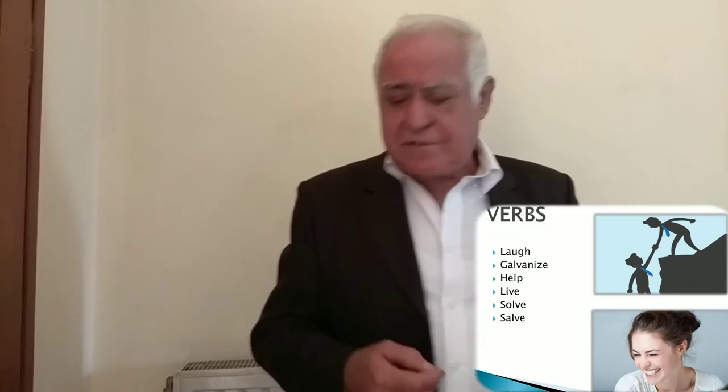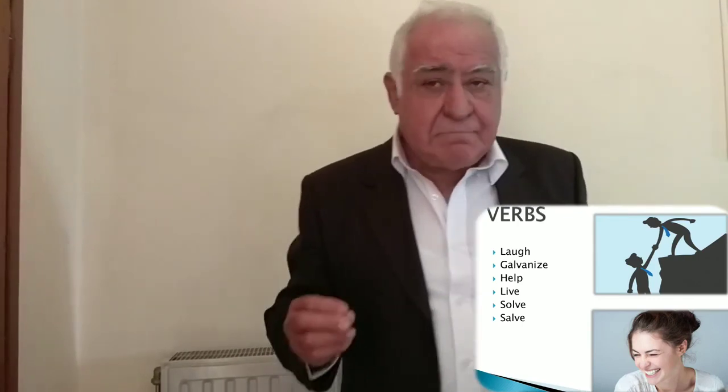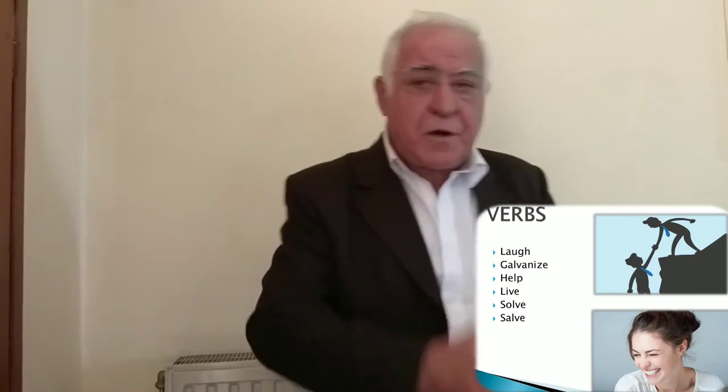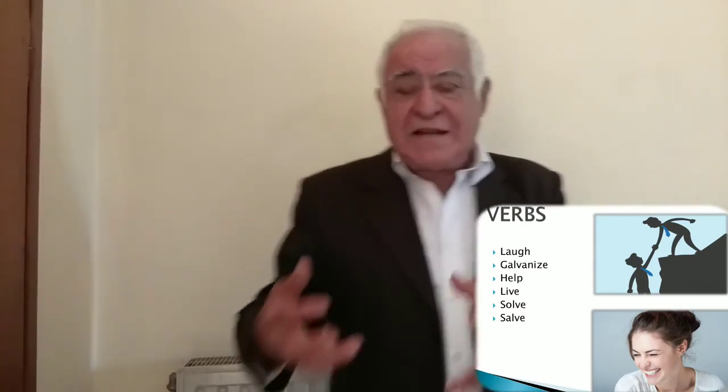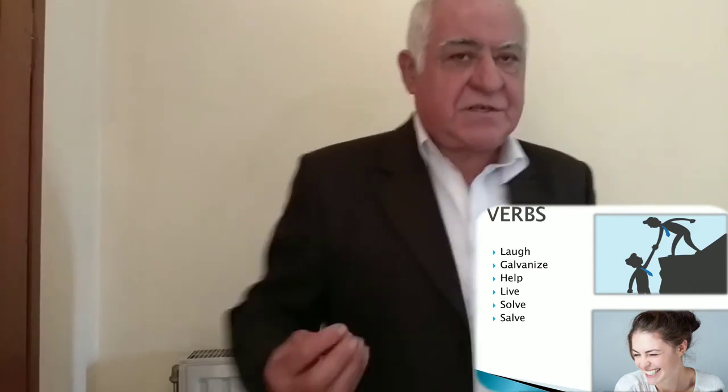Then we have galvanized, which again reflects a very white surface, and the verb help in the very symbolic sense that by helping someone, you bring him or her to the light. You're bringing him next to the fire, next to a warm place, to the light, so that you're taking him, her away from the darkness of a dark, cold cave or something like that.